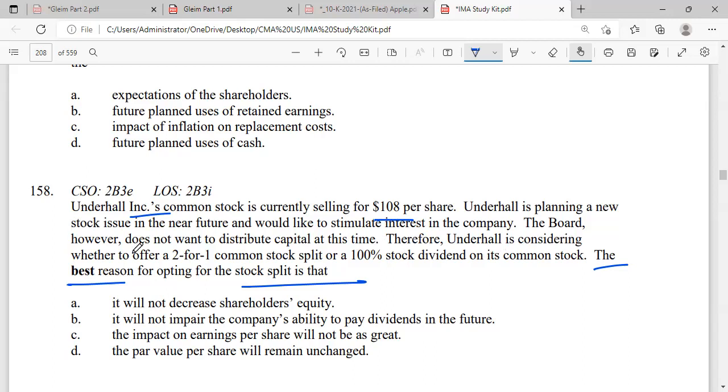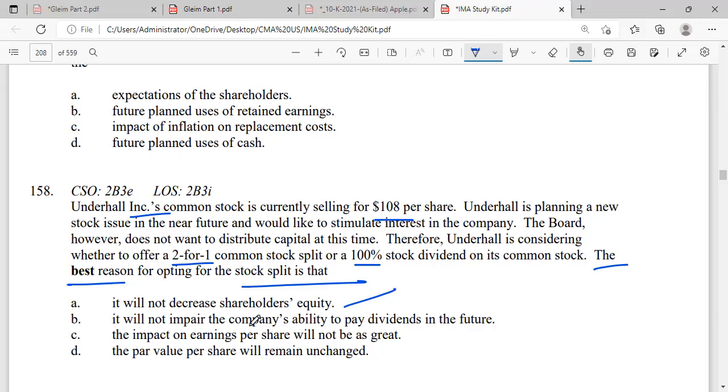Therefore, Underhaul is considering whether to offer a 2-for-1 common stock split or a 100% stock dividend to its equity shareholders. The best reason for opting for a stock split would be what? Now, here I guess it's kind of a general question only. These all don't matter. See, it will not decrease shareholder equity.